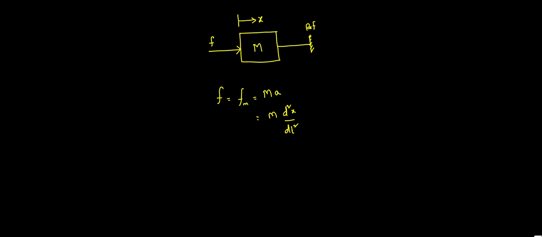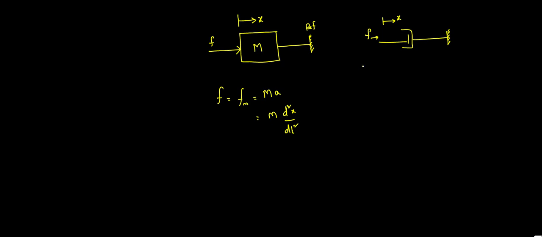Similarly, another important element is the ideal frictional element, which is also called a dashpot. The symbol of the dashpot looks something like this. This is tied to a particular reference, and on this dashpot also you can apply a certain amount of force, and when you apply force, it can also displace by a certain distance x.